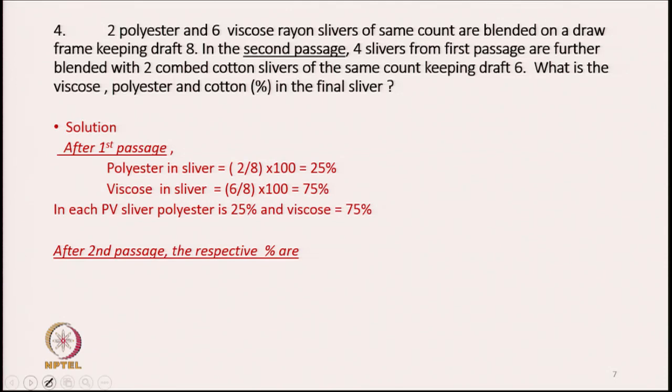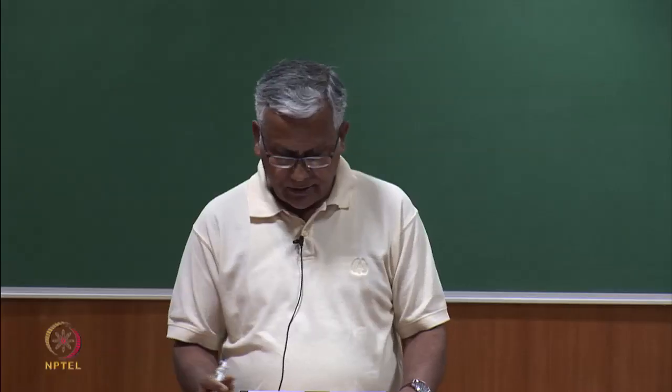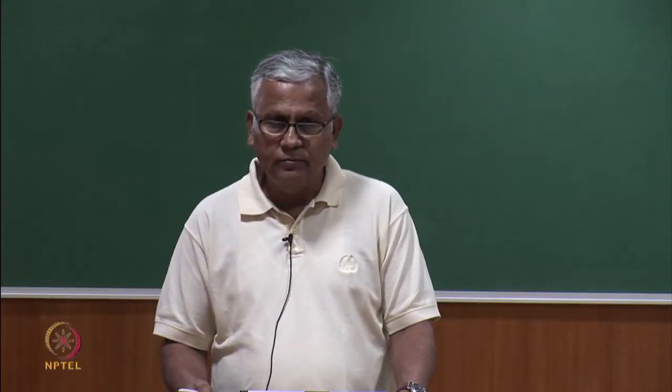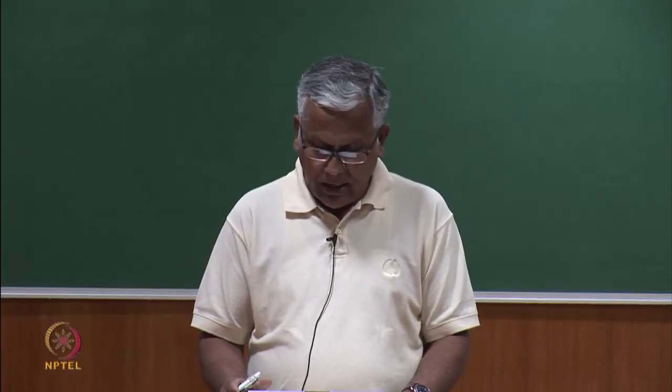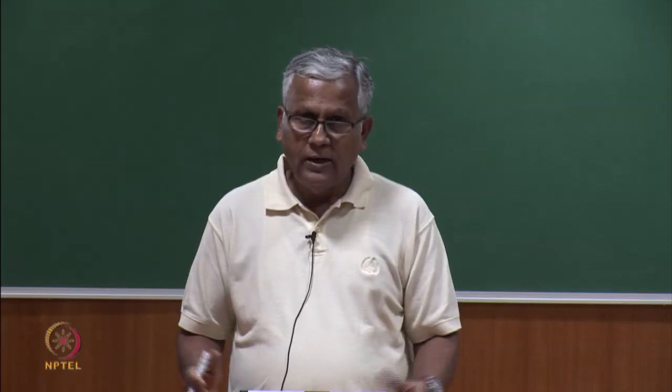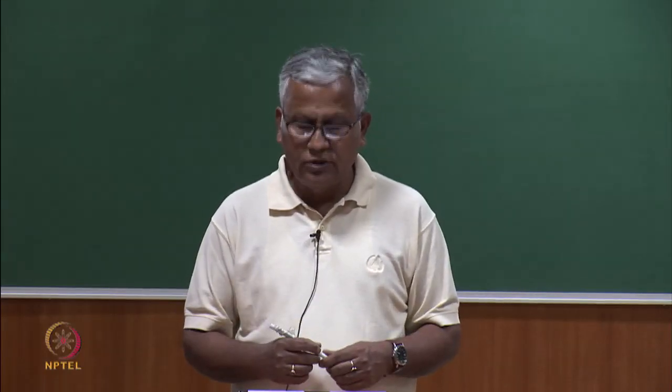The 4 slivers that we have already produced, that is 4 PV slivers, and 2 new cotton slivers are now being blended together in the second passage. So, now we are feeding 4 slivers coming from the breaker draw frame or the first passage, and we are taking 2 cotton slivers and putting them together on the draw frame and drafting them together.